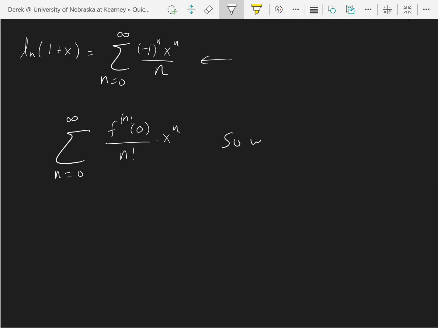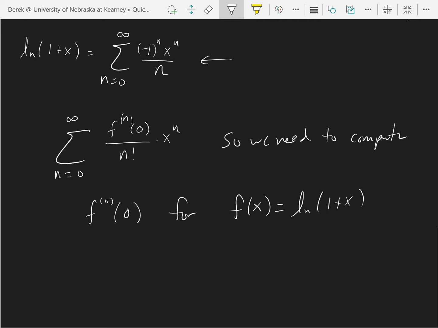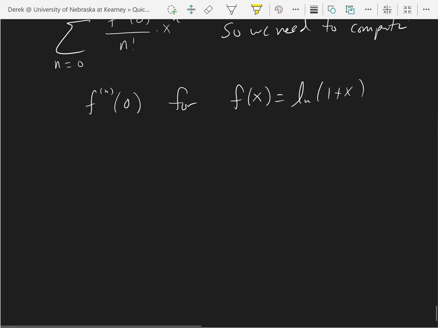So we need to compute the nth derivative at 0 for f of x equal to the natural log of 1 plus x. So let's try and do that.